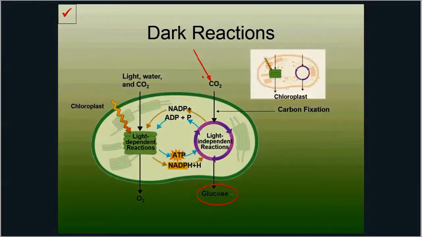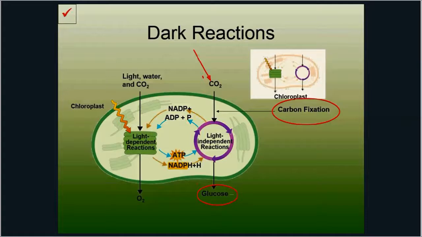In the Calvin cycle, you have your input of carbon dioxide, and that is fixed to be usable, along with the NADPH and the ATP, and the product is glucose. Together, this entire thing is the process of photosynthesis.